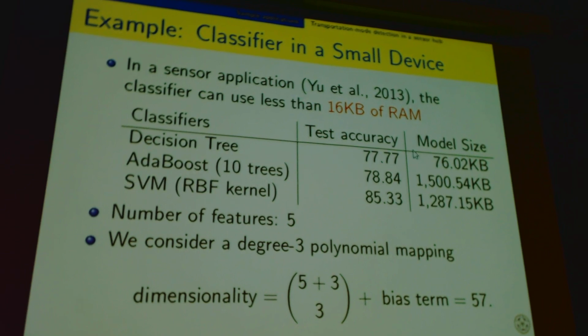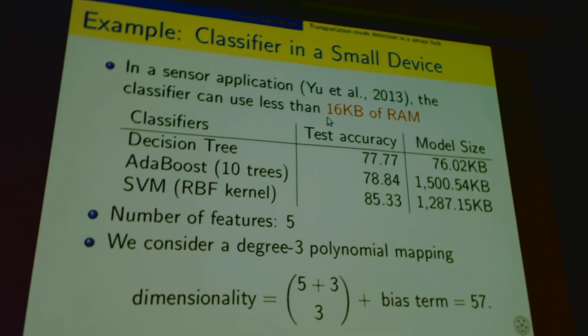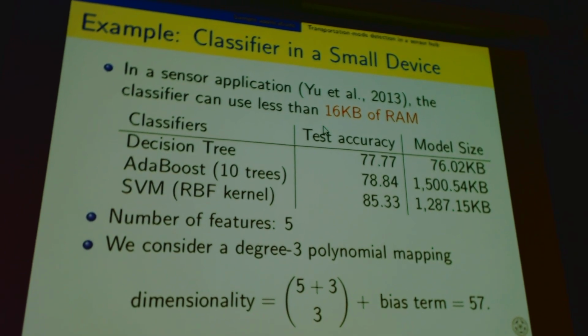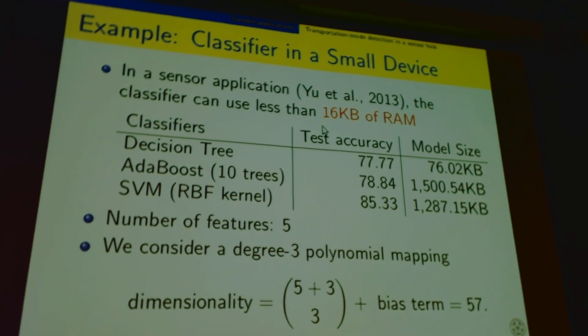So that is small enough for us to put the classifier into this device. In fact, even though this one is 16K, because other jobs are also running and also the operating system, the amount of RAM that we can use is actually much less than half of 16K.